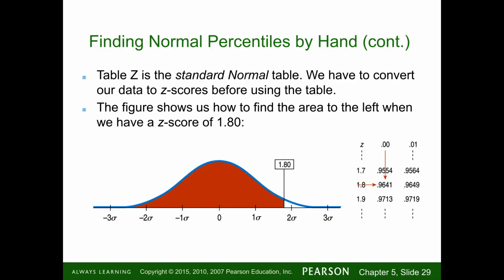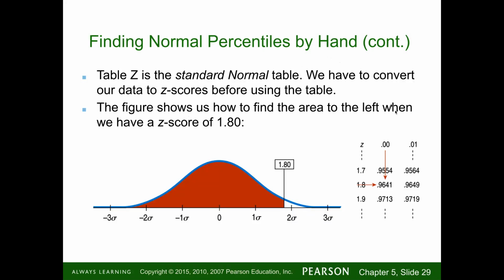So here's an example of finding normal percentiles. So table Z is the standard normal table in the back of the book. We have to convert our data to z-scores to use it. The figure shows us the area to the left of the z-score.